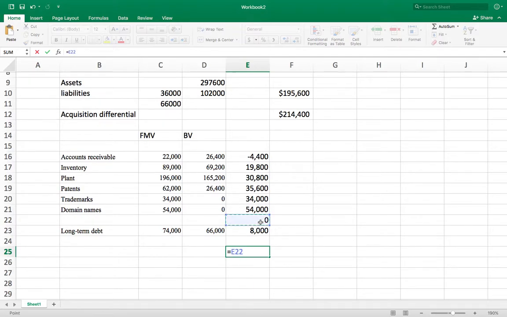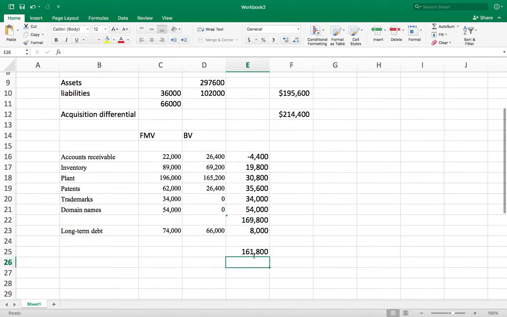Let me total all of that here first. So 169,000 of assets minus 8,000 of liabilities, this minus liabilities, and we get 161,800.